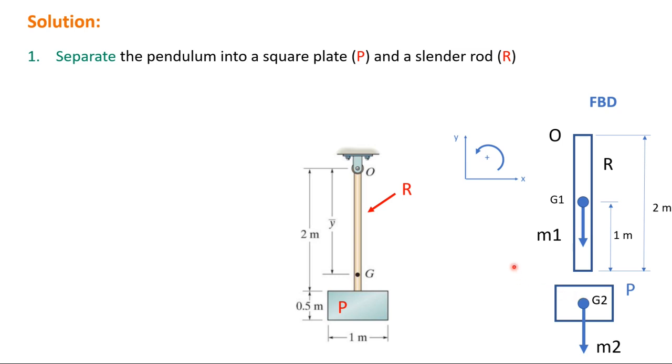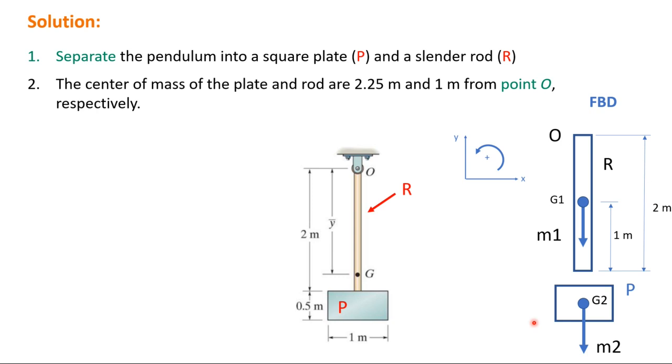This makes it much easier for us because now we know where the center of gravity for the rod is, which is in the middle of the 2 meter length, so at 1 meter, and it has its own mass, mass 1. For the block, it's going to be in the center of that block, and it's going to have mass 2. Okay, so this was the first step.